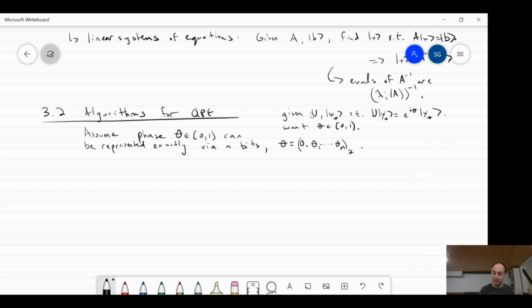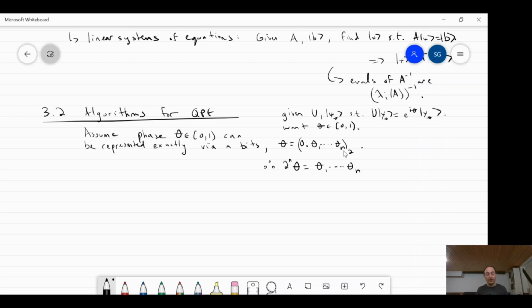I'll usually try and write the subscript 2 to really stress that this is binary. So this is a number smaller than 1, of course. If I wanted to move everything to the left of this decimal point, well, I've got n bits to shift over, so I have to multiply by 2 to the n. So 2 to the n theta will simply be the bit string, this thing. Now it'll be a number bigger than 1, but that's fine.